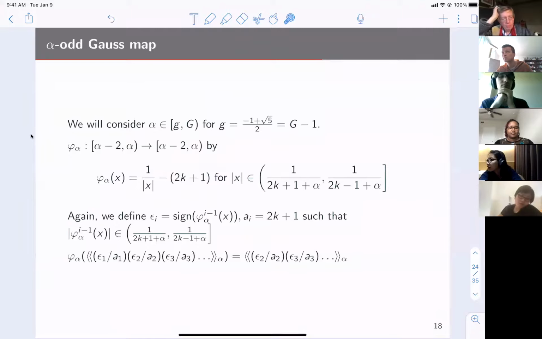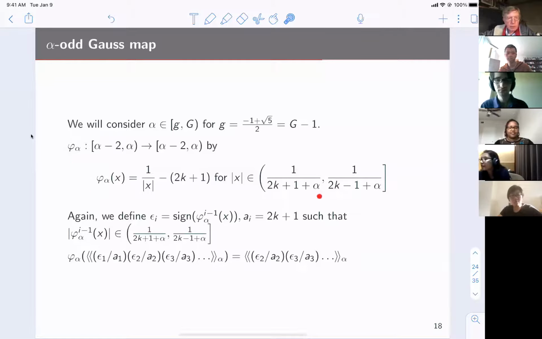But in general, I told you we'll figure out what alpha is. Alpha is going to be between the smaller golden ratio and the larger golden ratio. We'd like to extend that interval, but right now this is what we have results for. And this is exactly what I had on the previous page, where we define our interval as 2k plus 1 plus alpha and 2k minus 1 plus alpha.